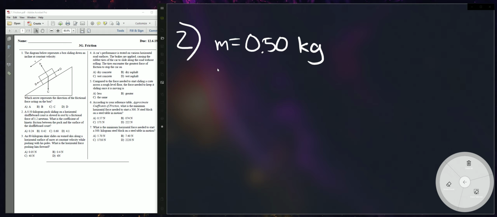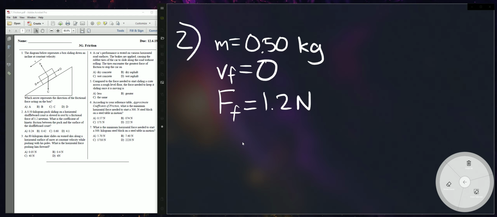Alright, and it's slowed to rest, so the final velocity of the puck is 0. And the frictional force is 1.2 newtons. What is the coefficient of kinetic friction? So they want you to know what mu is.